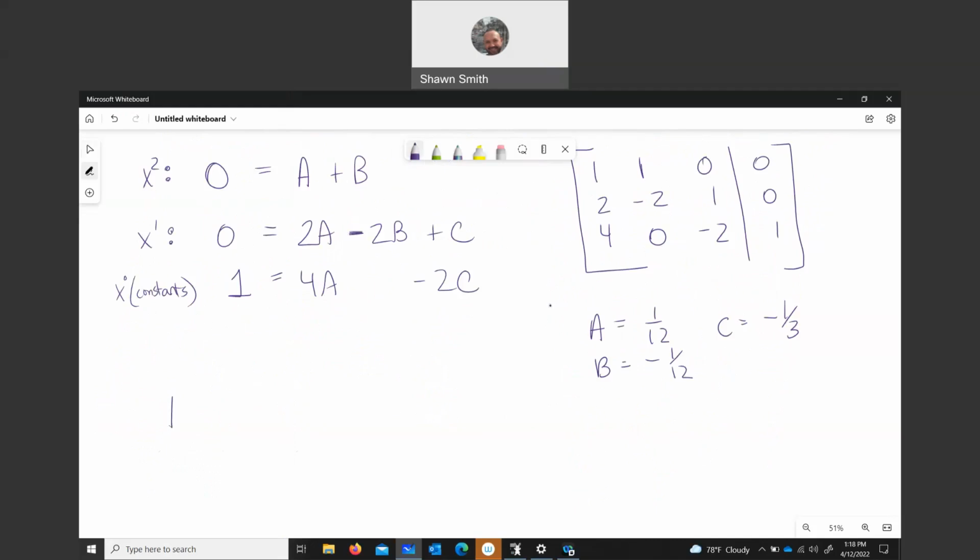So now I rewrite as 1 over x cubed minus 8 is equal to two fractions, where this was our A, 1/12 over x minus 2, plus our bx plus c. So -1/12 times x plus our c, -1/3, all over that x squared plus 2x plus 4.